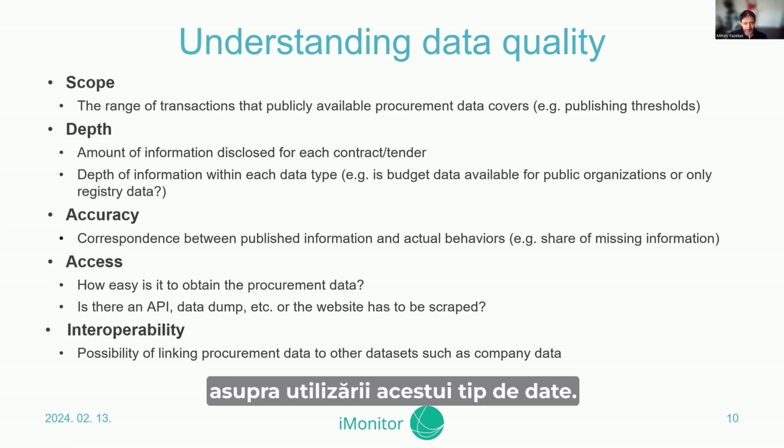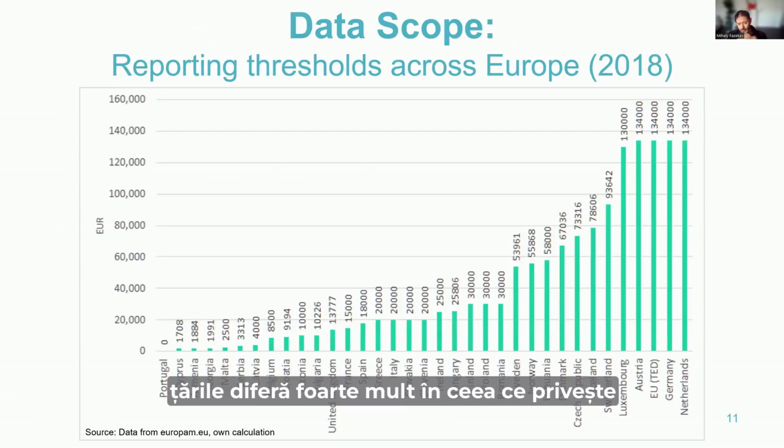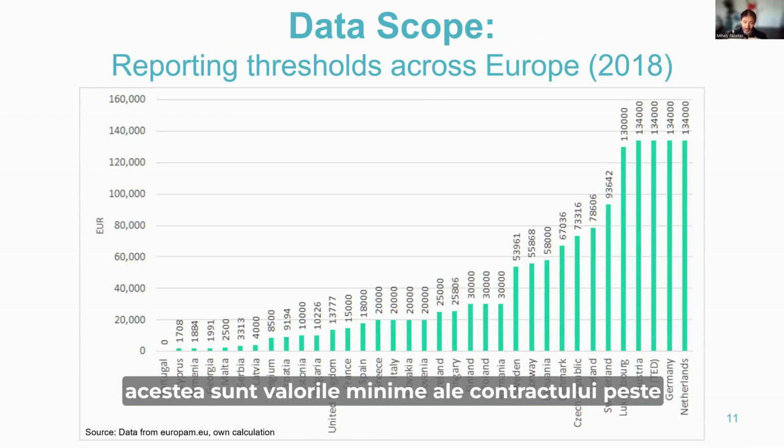So very quickly, countries widely differ in terms of reporting thresholds. So these are the minimum contract values above which a contract has to be placed on a central national public procurement portal, right? So that's where coverage, the scope of the data set is very different.